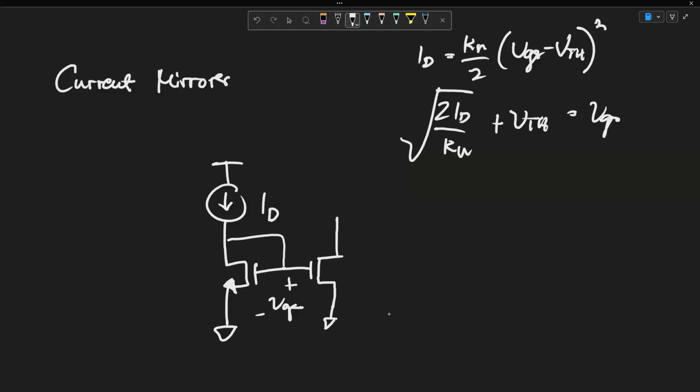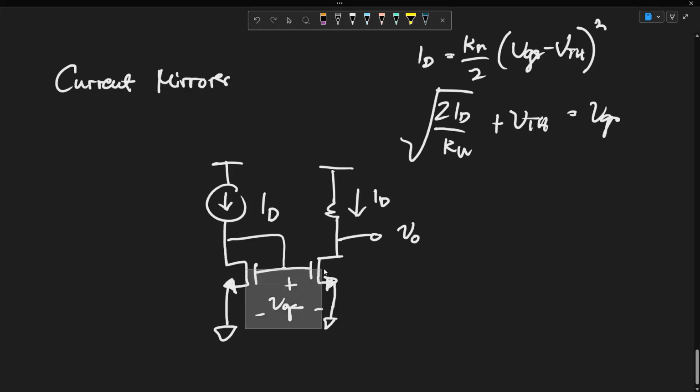So we can just borrow the VGS, di ba? We can borrow the VGS of here and give it to the other MOSFET to get an exact copy of the drain current that you put into this side on the other side.